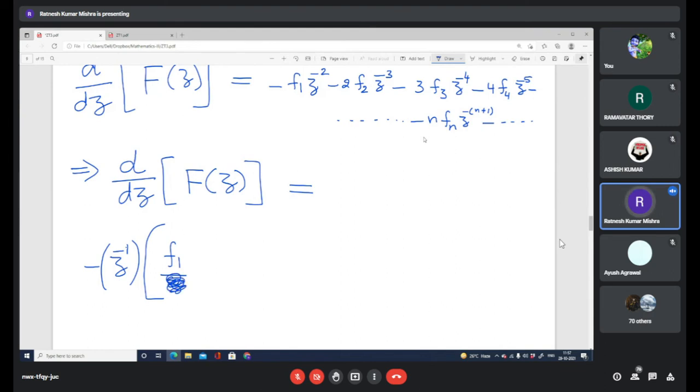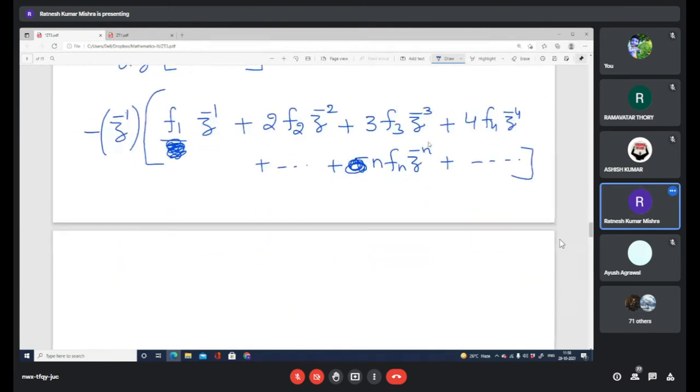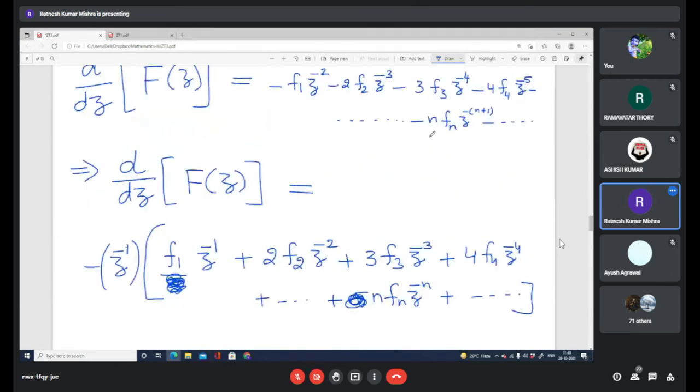We are writing minus z to the power minus 1 times f1 plus 2 f2 z to the power minus 1 plus 3 f3 z to the power minus 2 plus 4 f4 z to the power minus 3 plus, dot dot dot, n fn z to the power minus n plus 1.